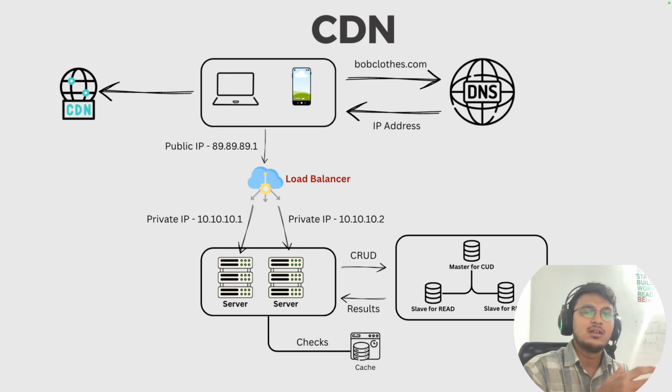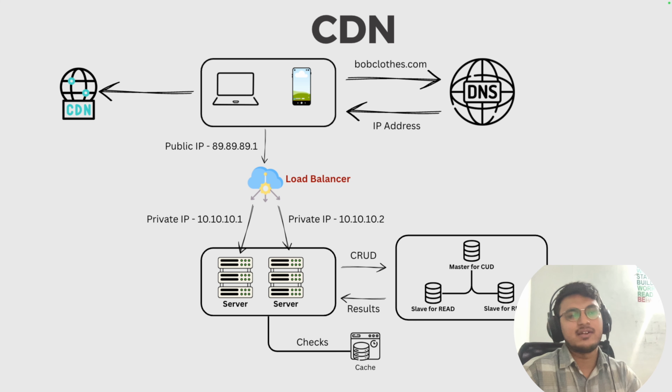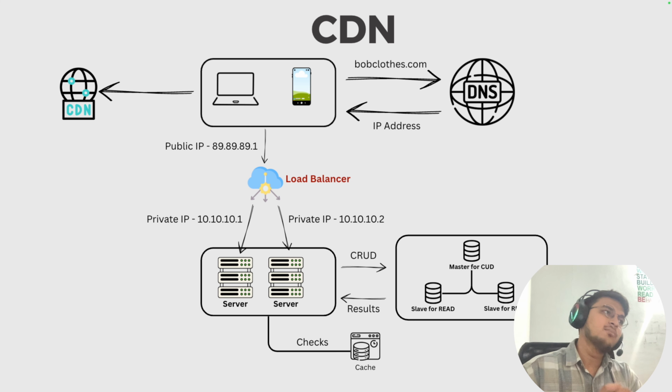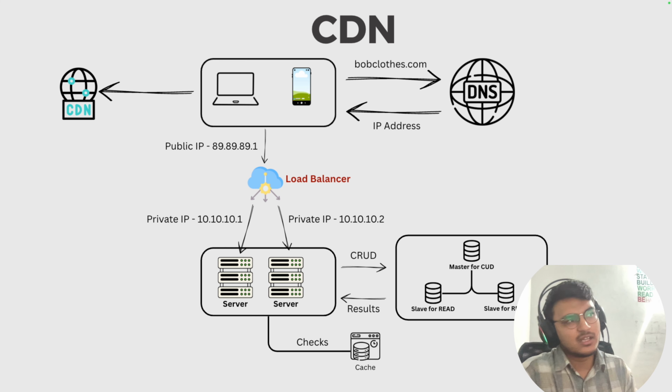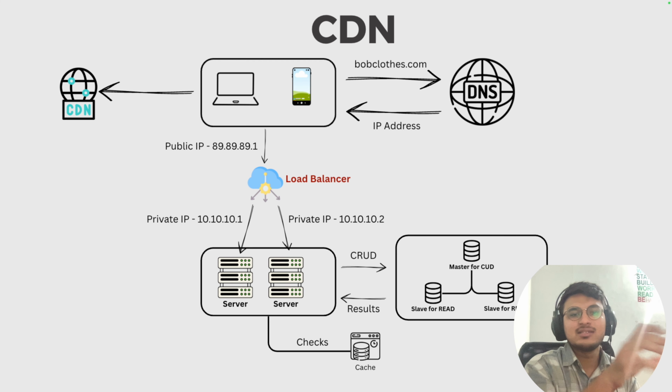For example, for the same product you have a different version in your origin, but your CDN has an older version, so you can invalidate through these APIs. Definitely you can learn more about CDN, but this was a basic idea about how it can increase your website speed in delivering static content.